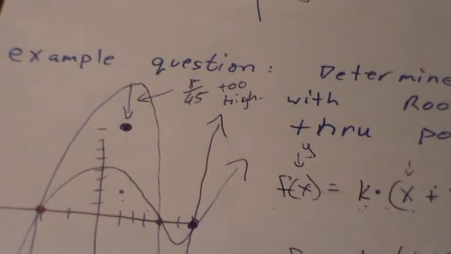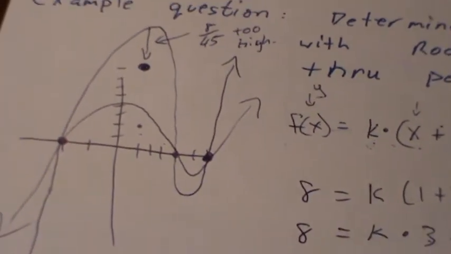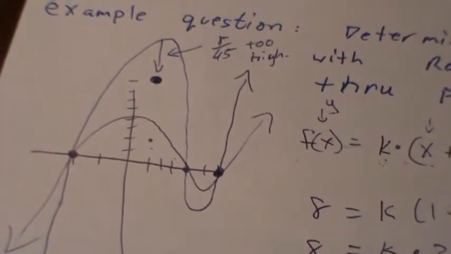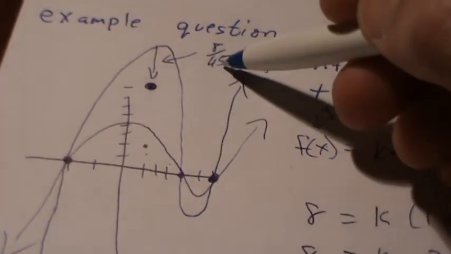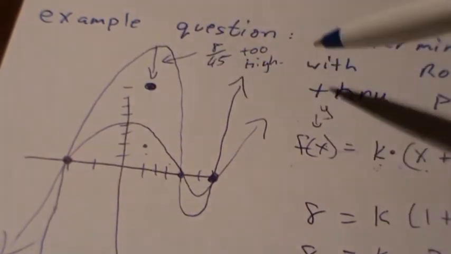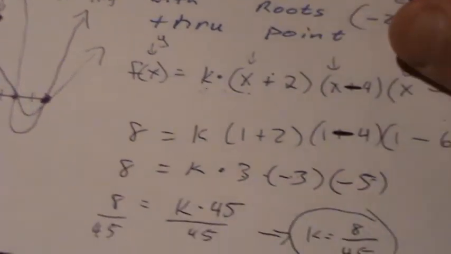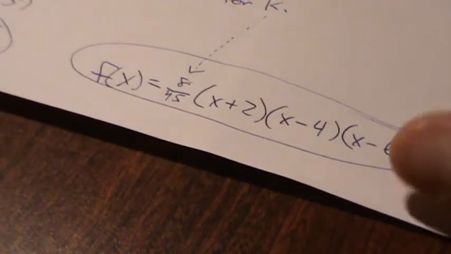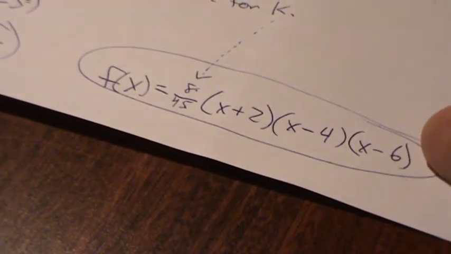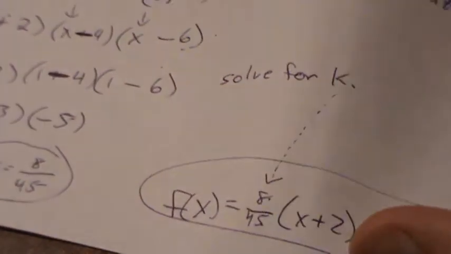Actually, I should probably say 45/8 too high. But then what will happen is, if I find the k value and I write this formula here, you'll notice that this function right here actually has the roots that we need.